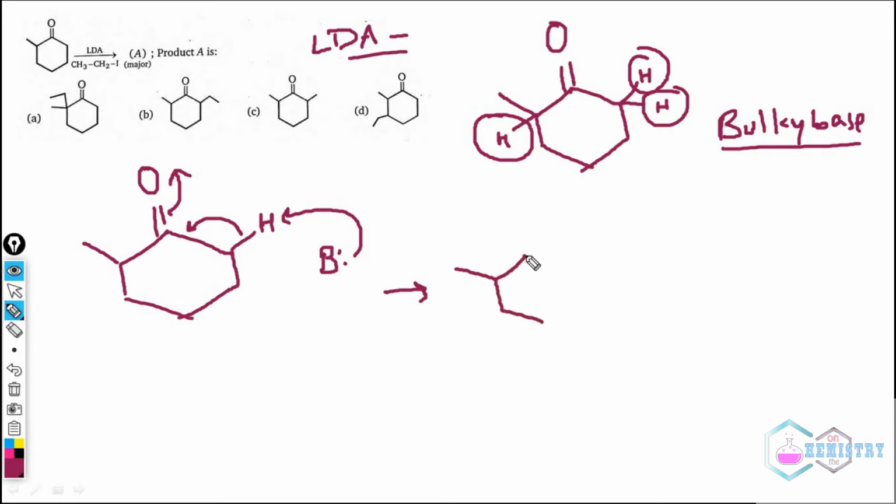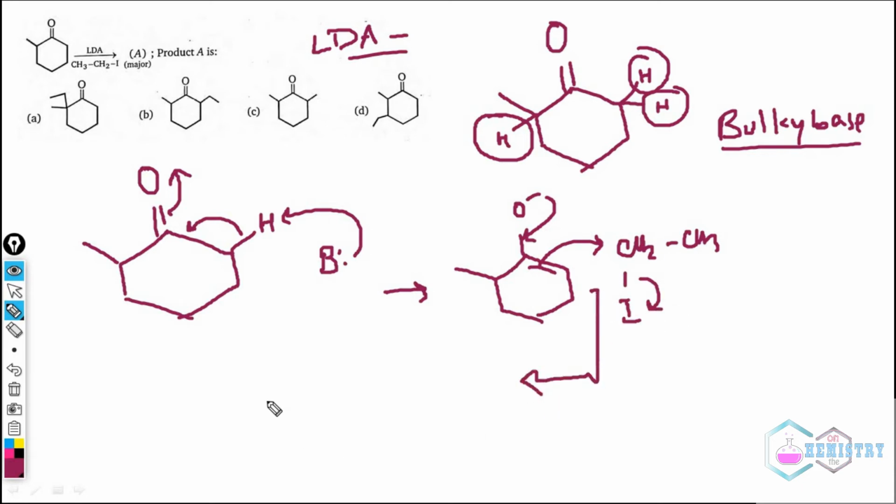So this enolate thus formed will further attack this ethyl halide, which will form a compound like this. So B here is our correct answer, as we can clearly see.